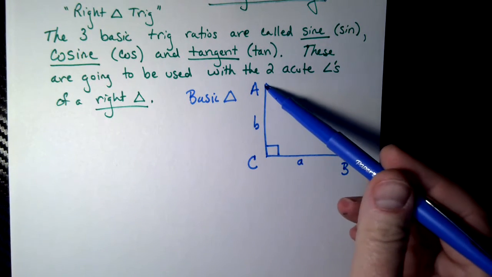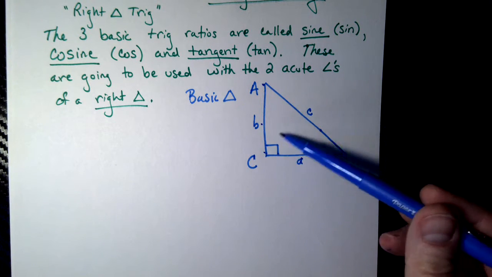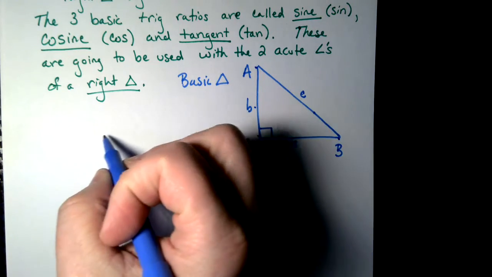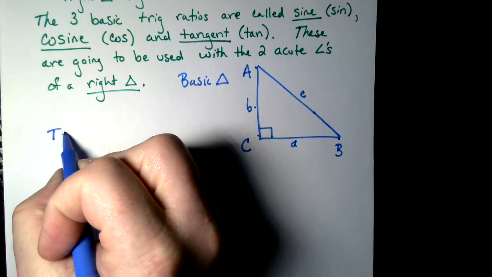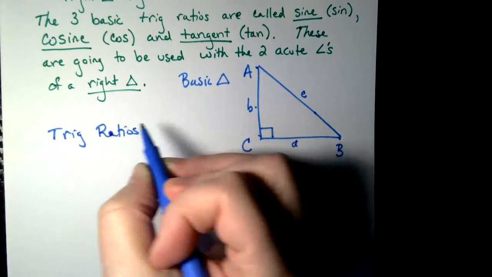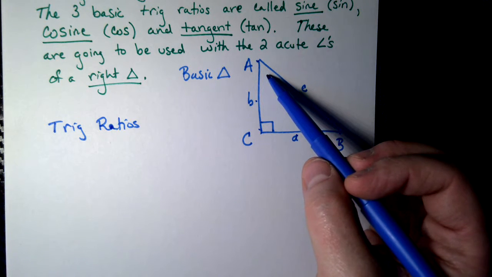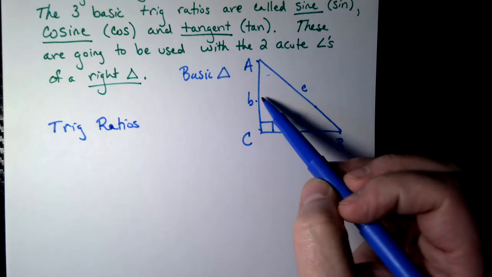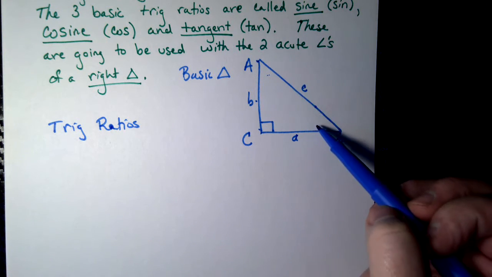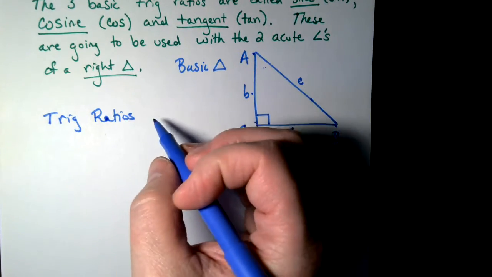They usually use across from capital A is small a, across from capital B is small b, across from capital C is small c. The trig ratios are dependent upon how wide is angle A and then how long these sides are, whatever numbers we put in. There's only certain combinations of angles and numbers that you can put in, and these trig ratios are based off of that.